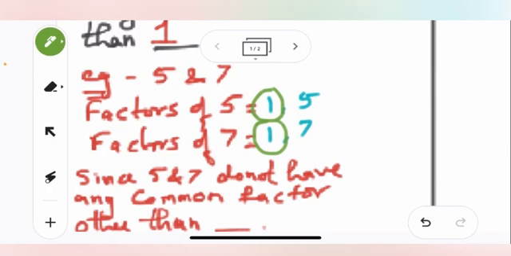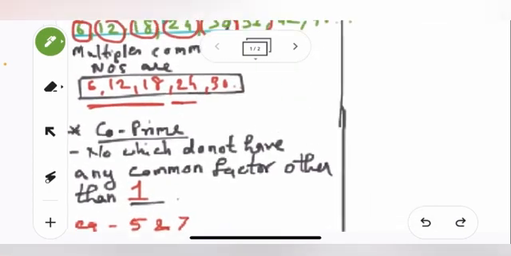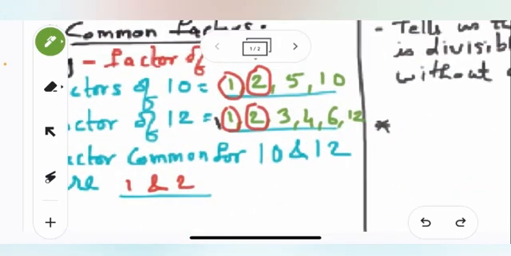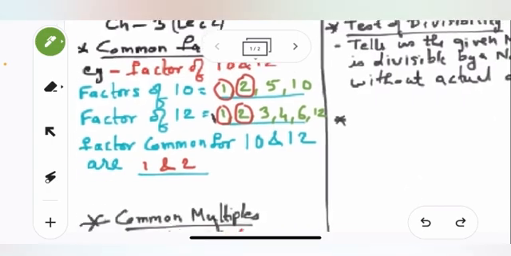Suppose you take some other numbers, like the previous example, 10 and 12, there more than 1 is common, 2 is common. So there are more than 1 numbers which are common, so they are not co-prime numbers.